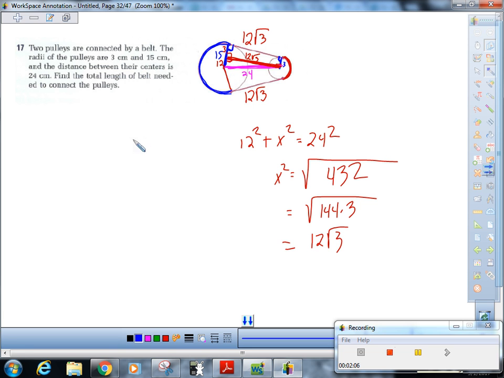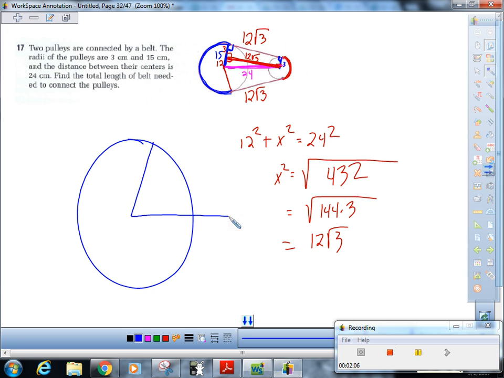I'm going to try to make this bigger. Okay? And we had something like this. So this was our right angle. This was 12. And this was 12 radical 3, which makes this 60 degrees.